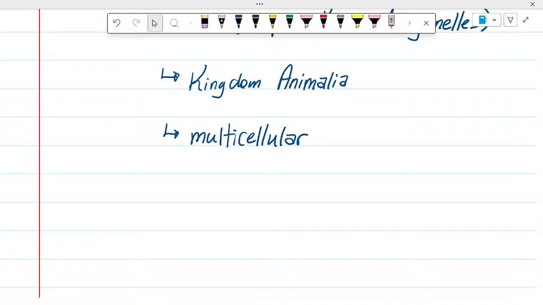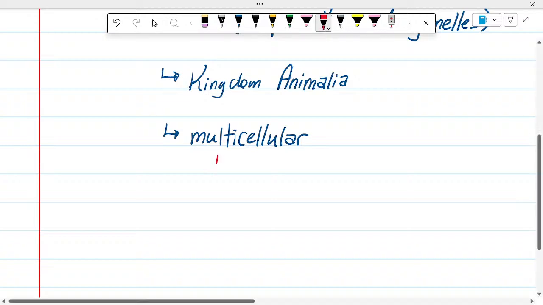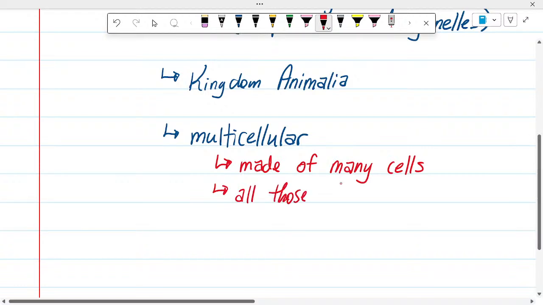What's multiple mean? More than one, yeah, many, multiple, right? So we are made of more than one cell, and all animals are made of many cells. But not just that, so they're made of many cells, true. All those cells share the same DNA.